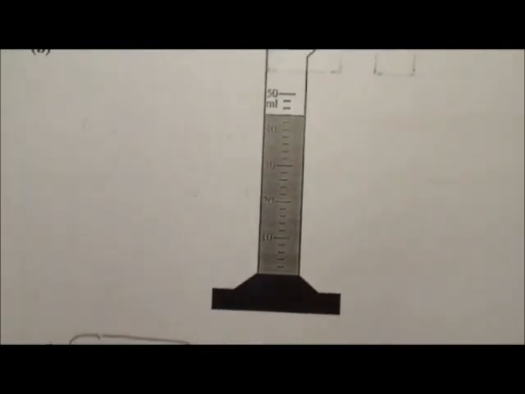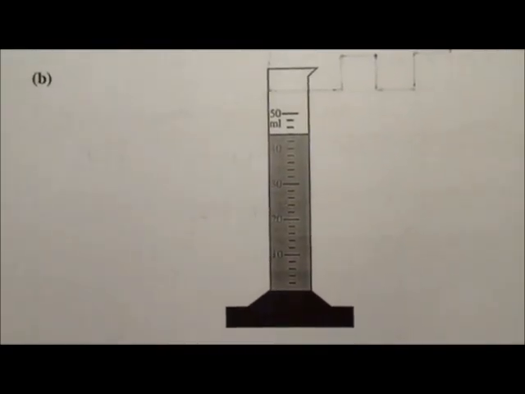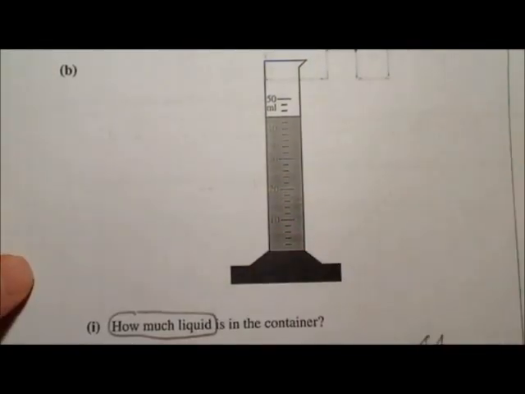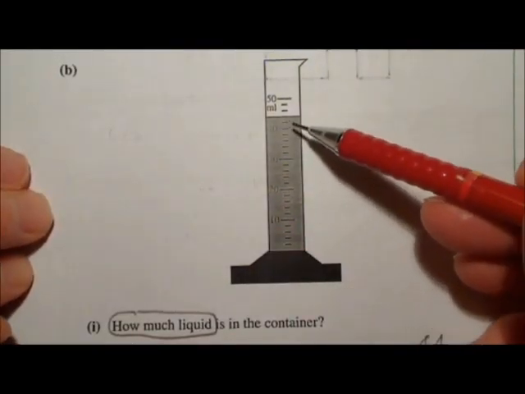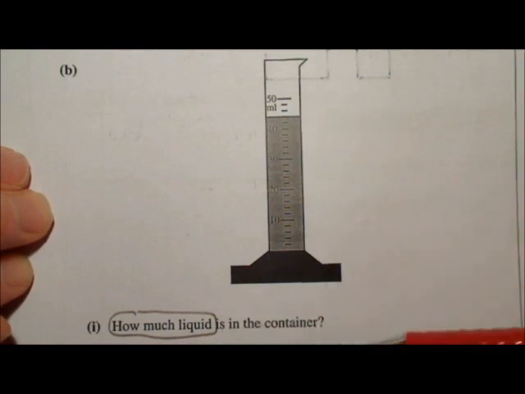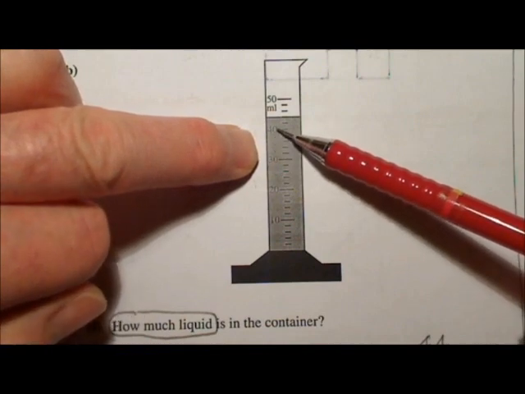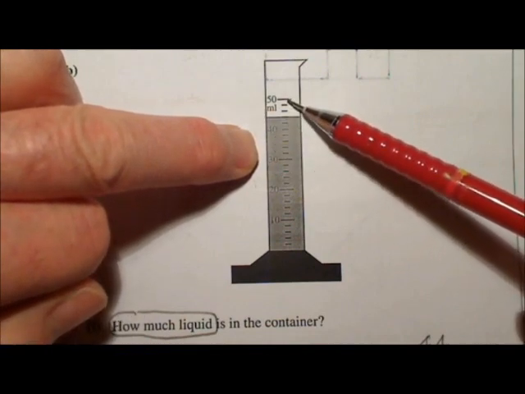This next question is asking us how much liquid is in this container. So we've got a container and it's shaded up to a certain level. So let's have a look at the scales here. Hopefully you might be able to see that's a 40 there and that's a 50.